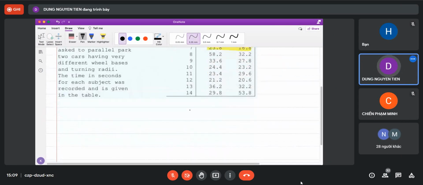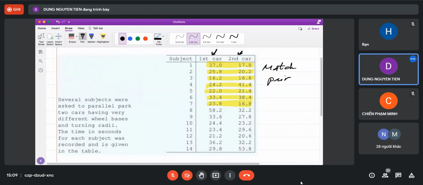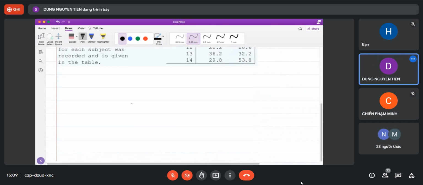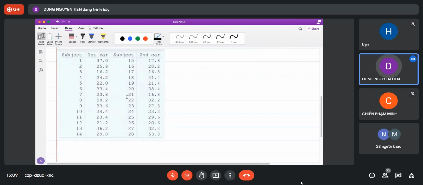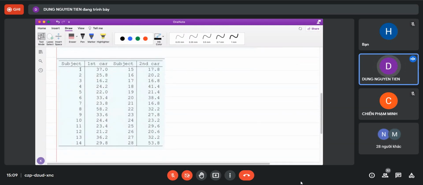However, if instead of 14 volunteers, I get 28 volunteers, what if I get 28 volunteers? So you get 28 people, and each person will park one car, not two cars, in random order. In this case, each person only parks a car, right?